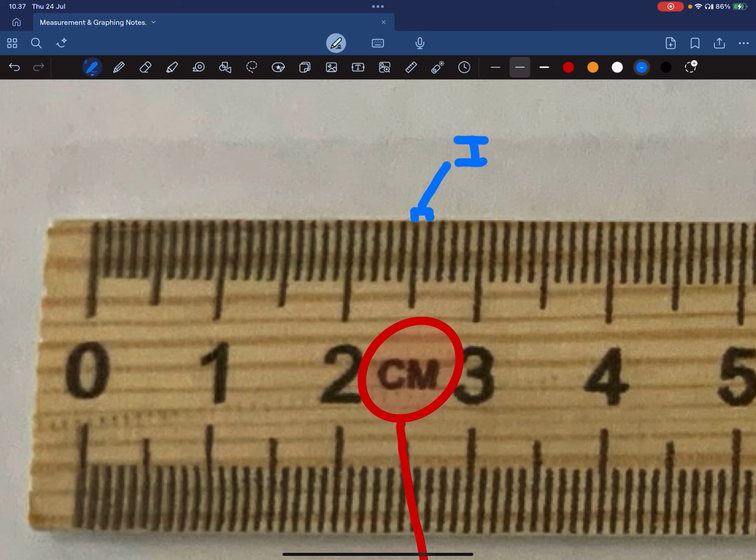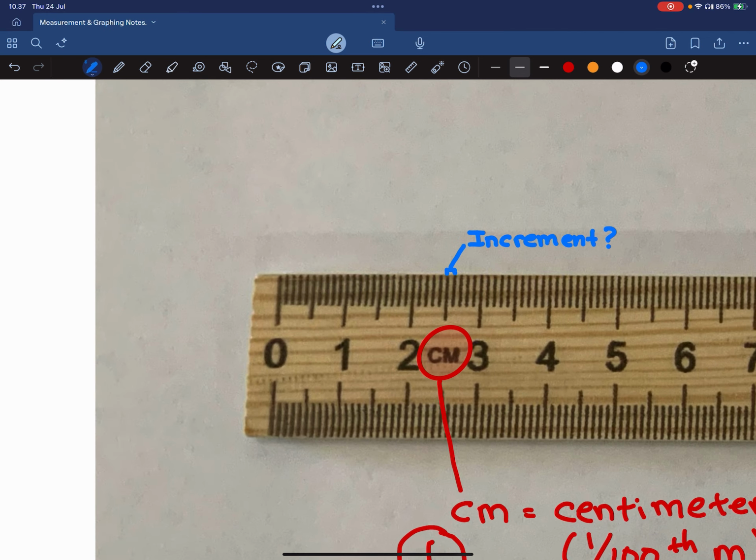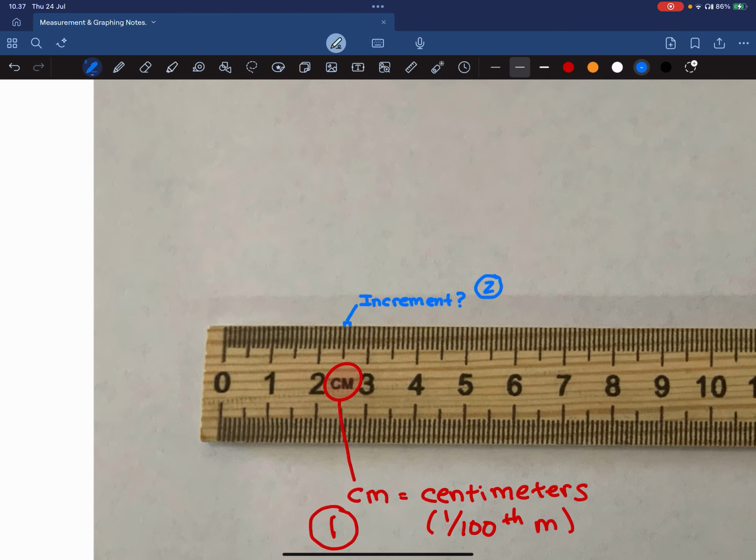What is that increment? Now, the way that you figure out the increment, you do the same thing every time. So that's the second thing. You do the same thing every time.